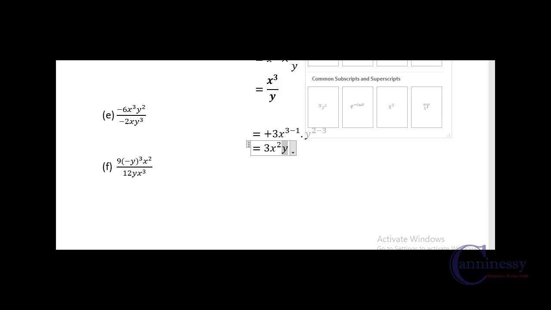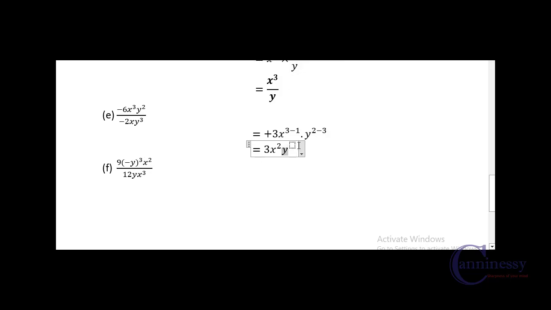So then this is equal to 3x to the exponent 2, right? Multiplied by y to the exponent negative 1.